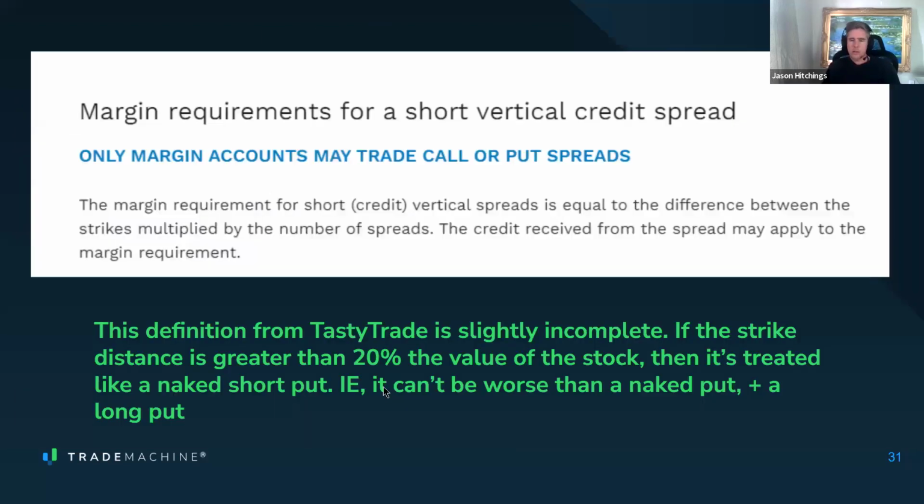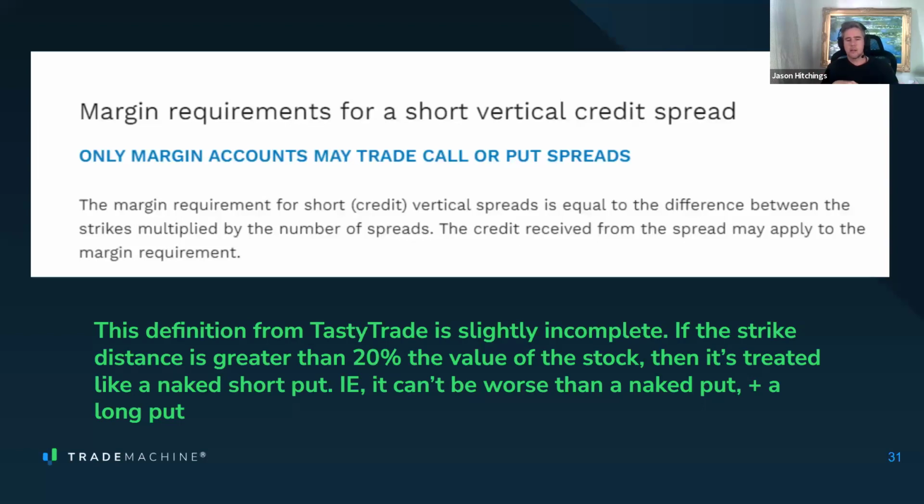Right, so that was a quick summary of the main strategies within TradeMachine. Logically, you can extrapolate from that how iron condors and things like that would trade. I'm not going to do a deep dive into custom strategy risk today, but I'll say briefly that we're trying to pair off all of the legs in order to make the lowest risk position possible.